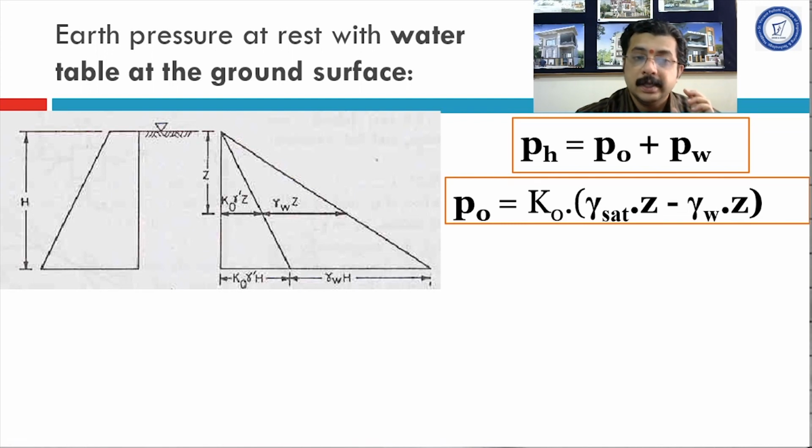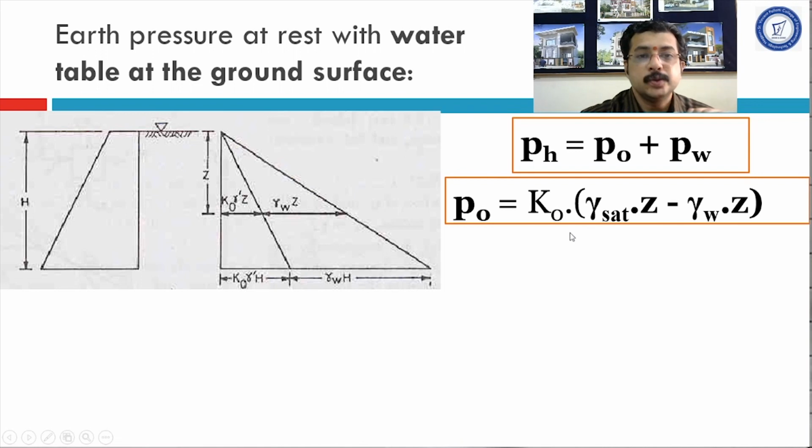Thereafter, at depth Z, what will be the pressure acting? The pressure would be gamma saturated, meaning unit weight of the soil, multiplied by Z. This would be the total vertical pressure acting at depth Z. But it includes pressure due to water. Hence, this complete quantity cannot be directly converted into its lateral component by simply multiplying with K0.